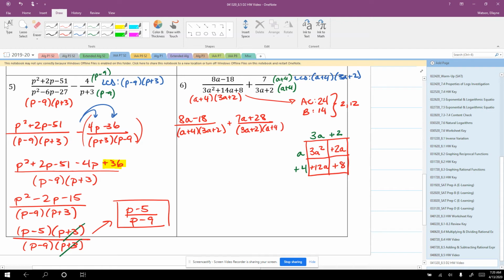All right, now I have common denominator I can combine on top. So this becomes 8a minus 18 plus 7a plus 28. Go ahead and combine them and get 15a plus 10.